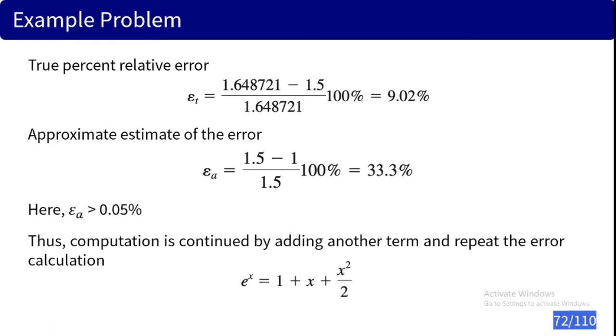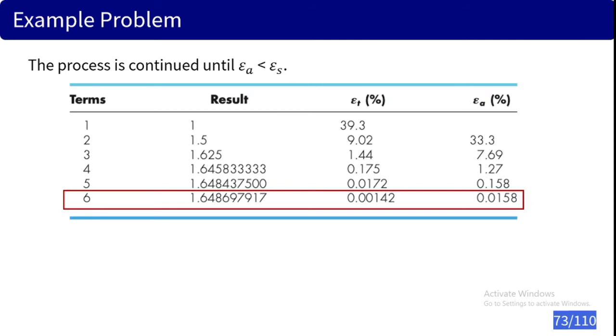At x equals 1.5, we continue, including the calculation of the true percent relative error and the approximate relative error. Once we get those, we tabulate them. Here we see that after 6 iterations, our approximate error is 0.0158%.